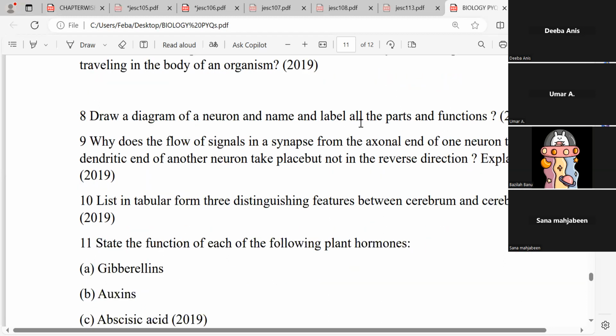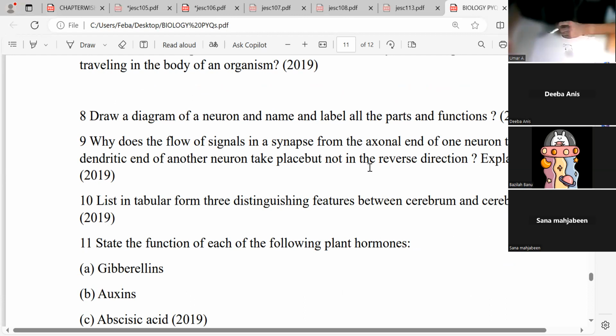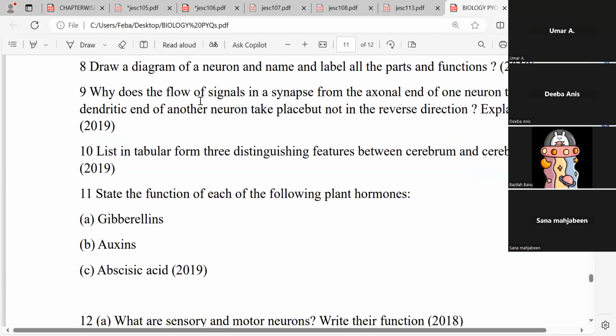Draw the diagram of a neuron and name and label all the parts and their function. You know it: dendron, axon, the cell body, the axonal terminal, all of those. Now, why does the flow of the signal in a synapse from the axonal end of one neuron to the dendritic end of another neuron take place, but not in the reverse direction? Explain. Say quickly. Who's going to give the answer?